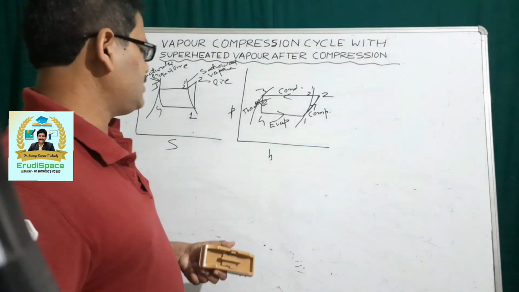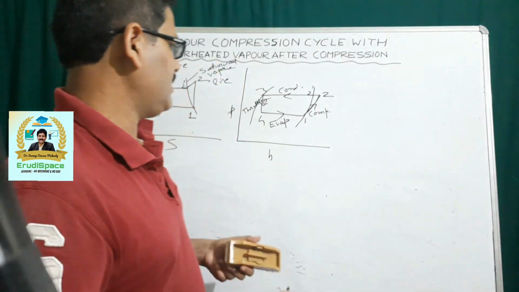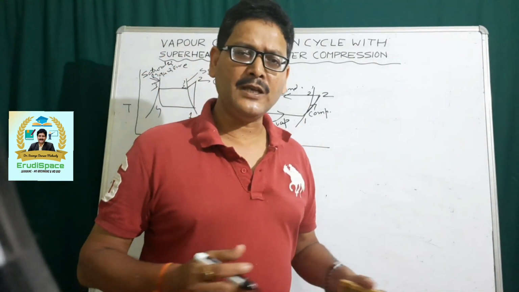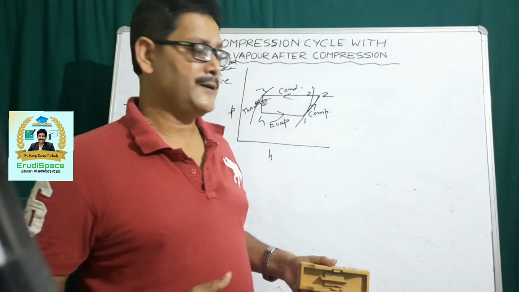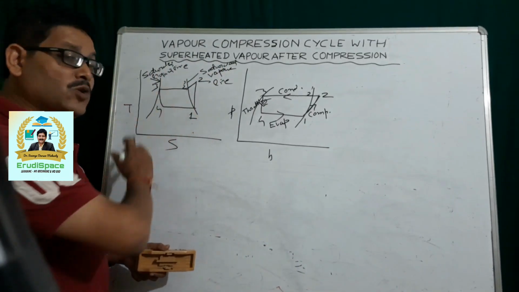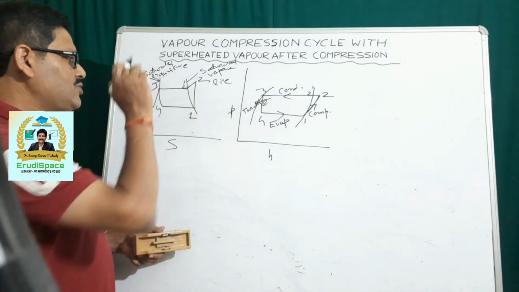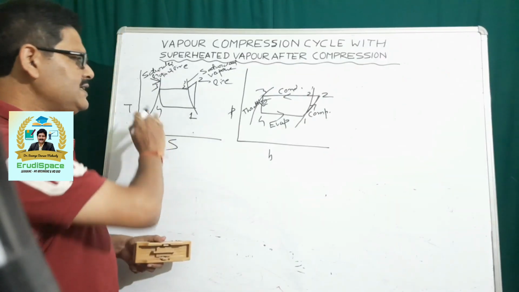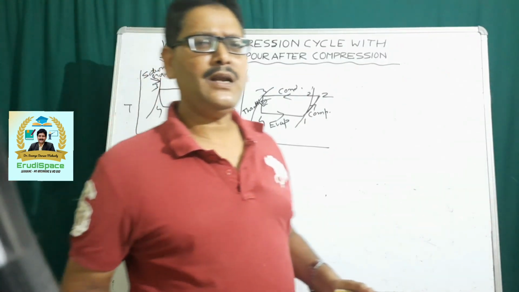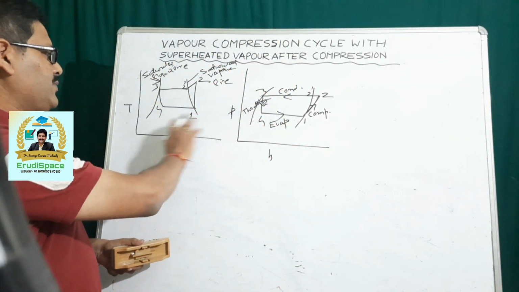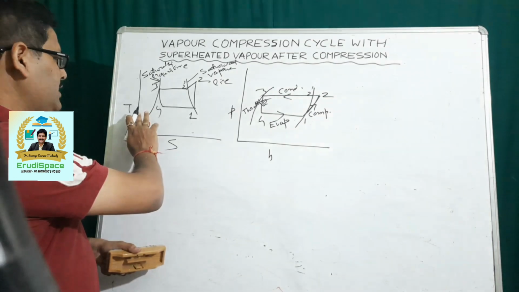After that it is taken to the evaporator or refrigerator. In the evaporator, it receives heat from the space to be cooled, and it gets converted into saturated vapor. And this is an isothermal as well as isobaric process, as you can see from both the TS as well as PH diagram.